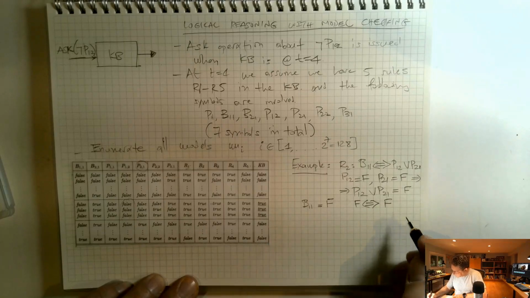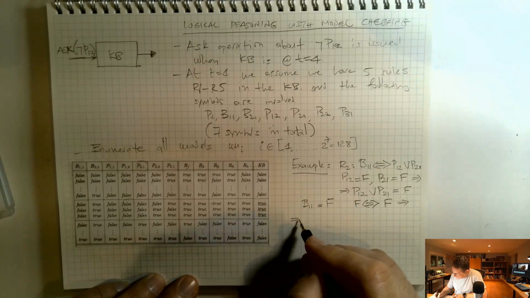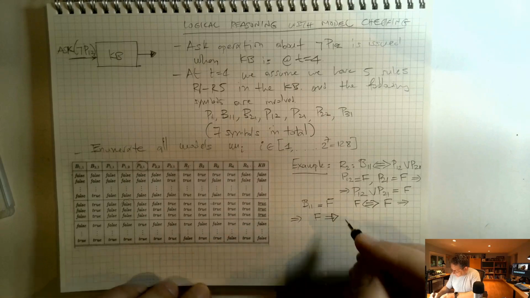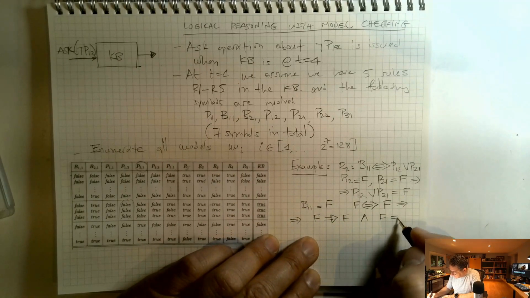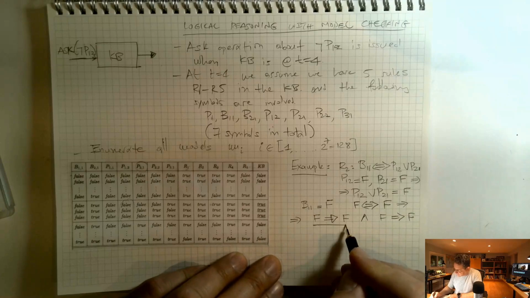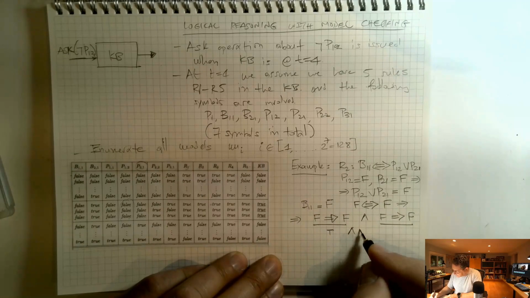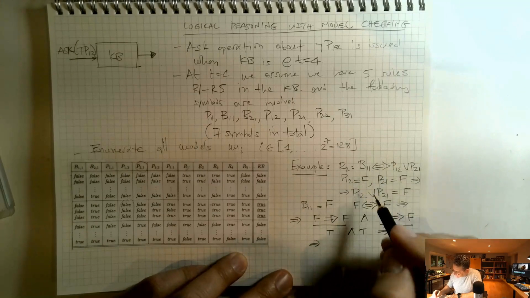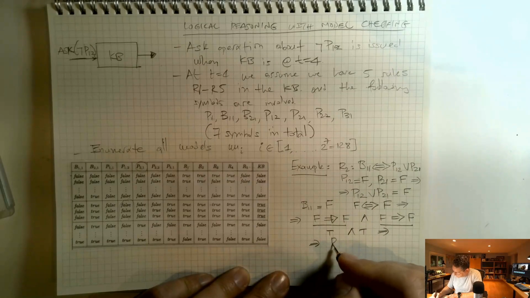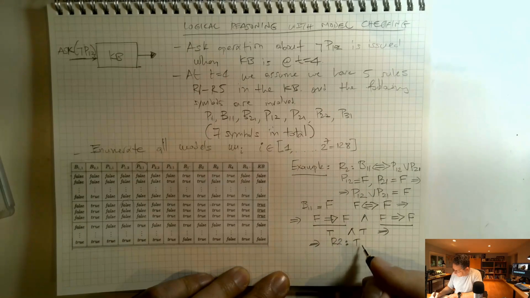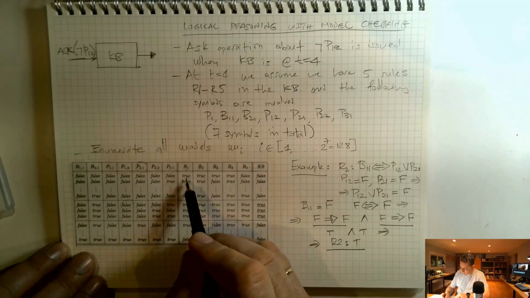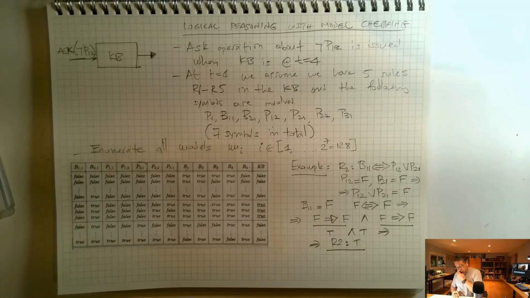This is equivalent to false implies false and false implies false. False implies false is true, so we have true, and therefore this rule R2 is true. So we wrote it over here, and this was how we determine the truth value of all these rules according to this example.